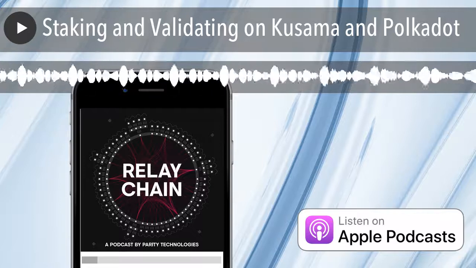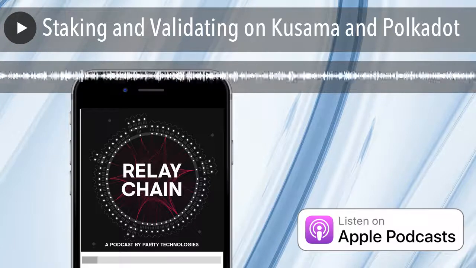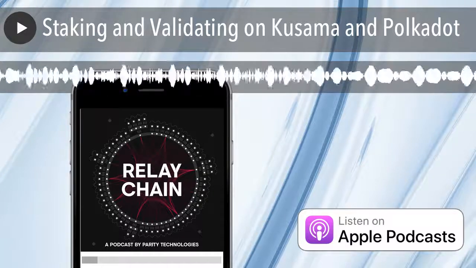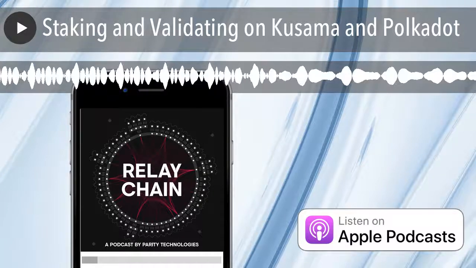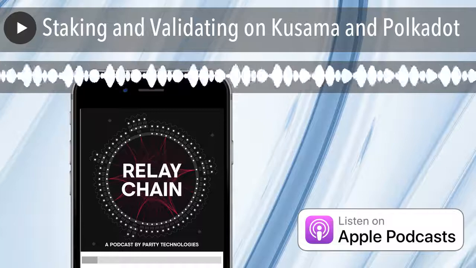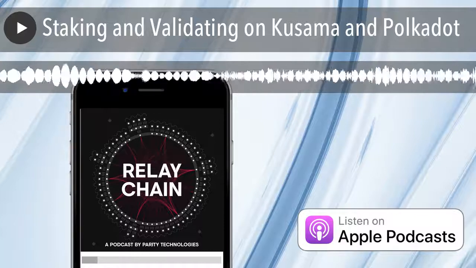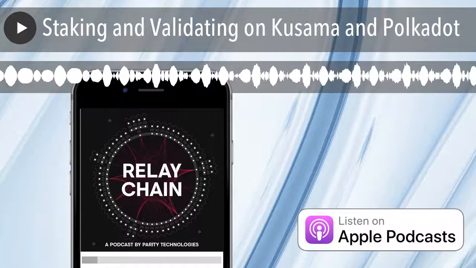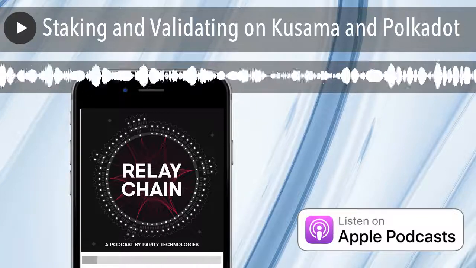And let's say A, B, C, and D are 4 validators. And I want to nominate them. And I have 10 DOTs, let's say, or 10 KSMs. So I want to put these 10 KSMs on these 4 validators. Do I have the control to say that I want to give 2 to A and 4 to B and 1 to C and then whatever is remaining to D? Or will the algorithm decide it for me?